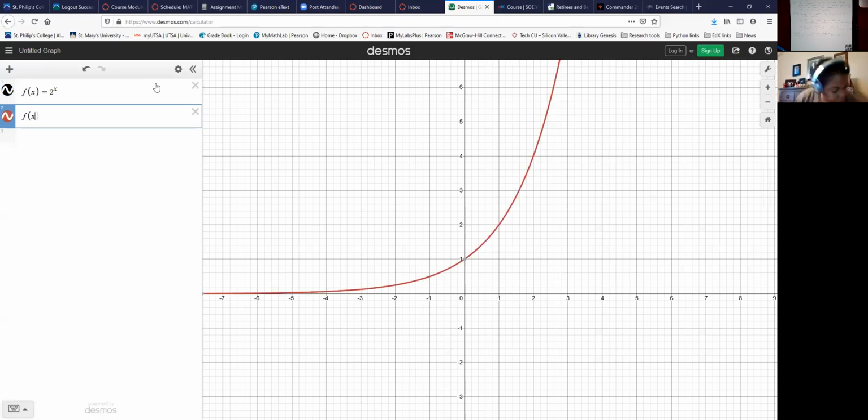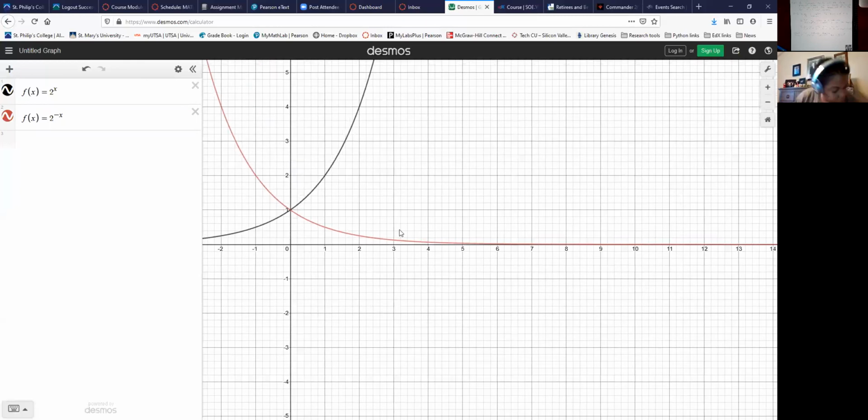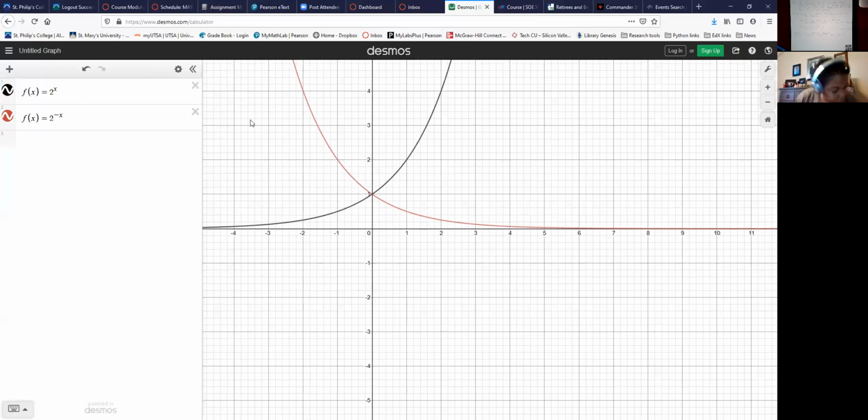Now, if it's equal to 2 to the negative x, it's going to be reflected. So this guy just shrinks or decays as x grows. It has the opposite mirrored effect as the original. This negative power means, looking at our properties, that you can change this to a fraction.